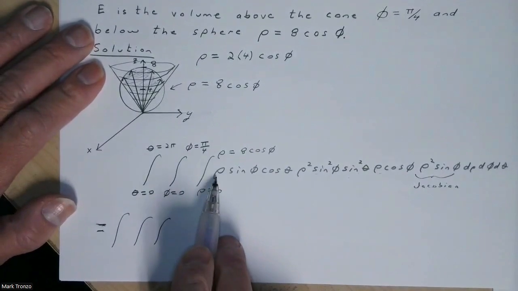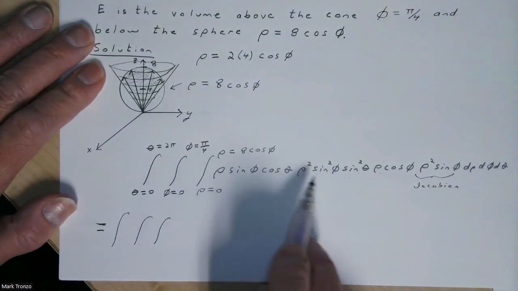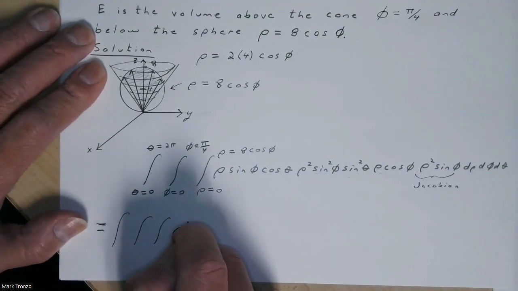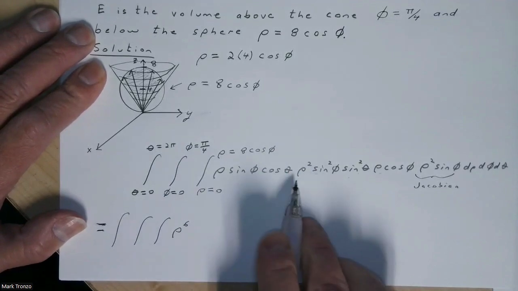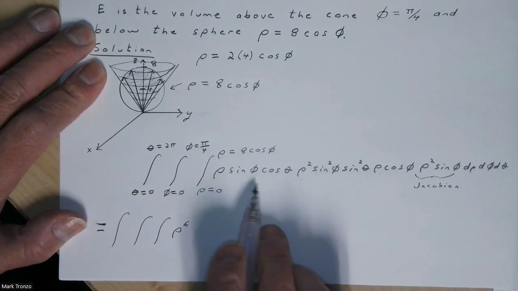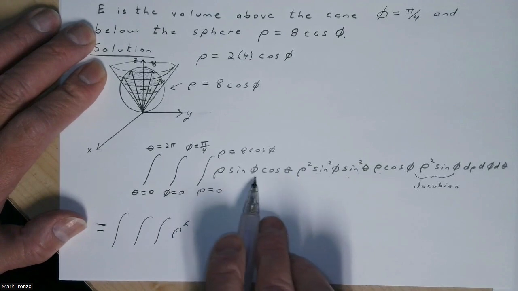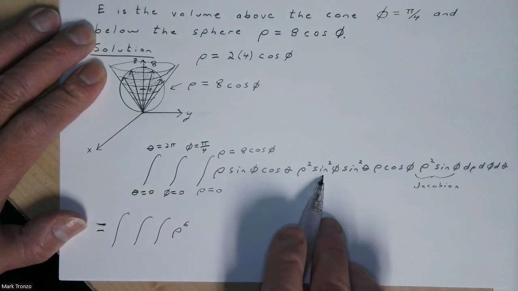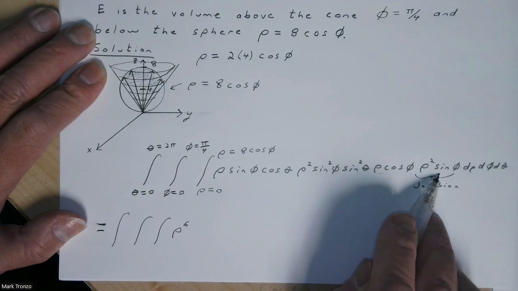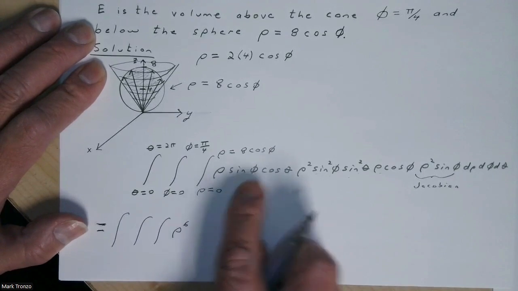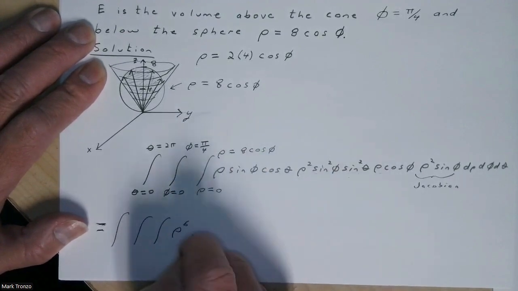And so let's see how many rhos. Let's see. 1, 3, 4, 6. Rho to the 6th. And then let's see. We have sine phi. Let's see. 1, 2, 4 of those.